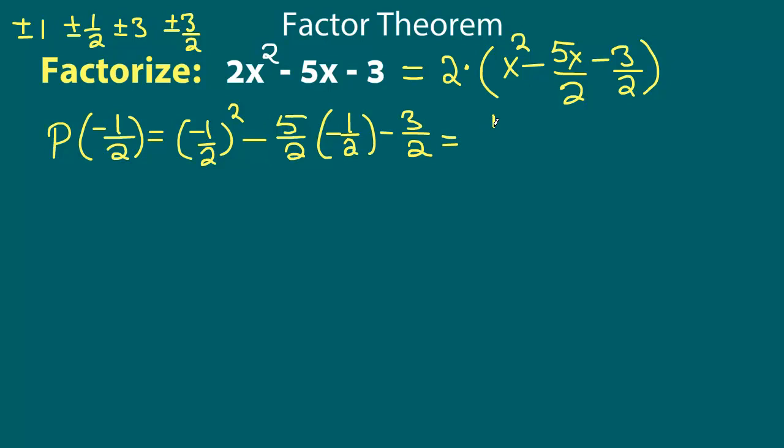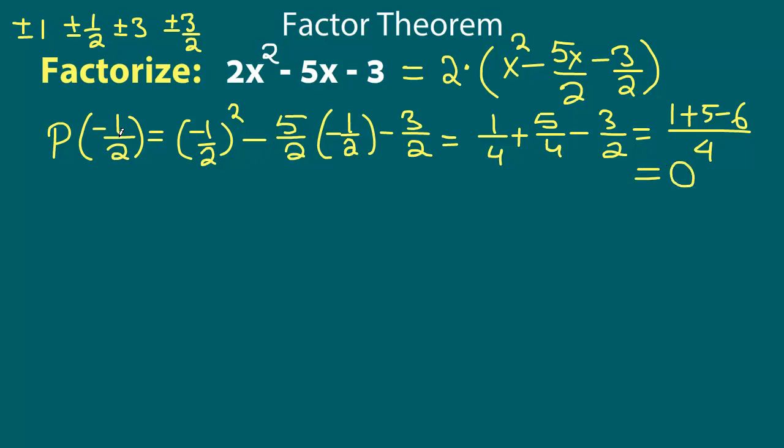So this will be 1 over 4, plus 5 by 4, minus 3 by 2. So now here our denominator will be 4, and then we will have 1 plus 5 minus 6. Now here 1 plus 5 is 6 minus 6 is 0. So this is indeed 0.